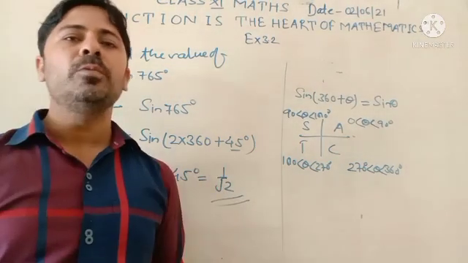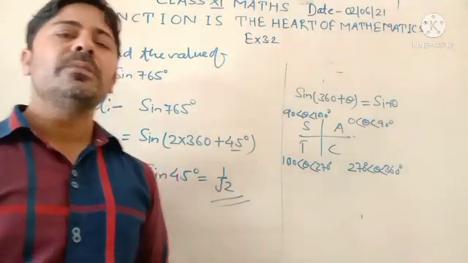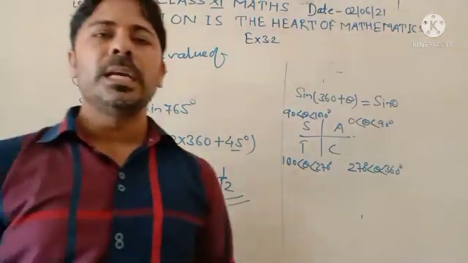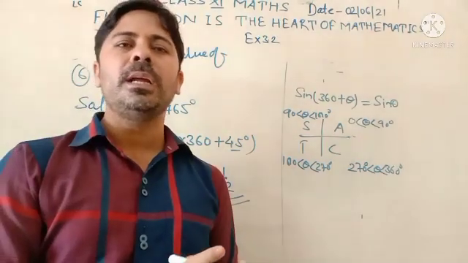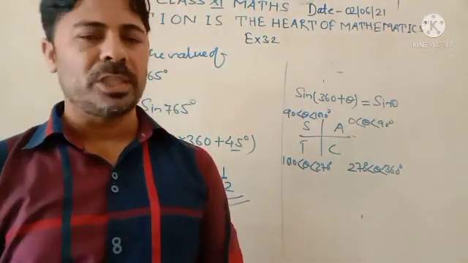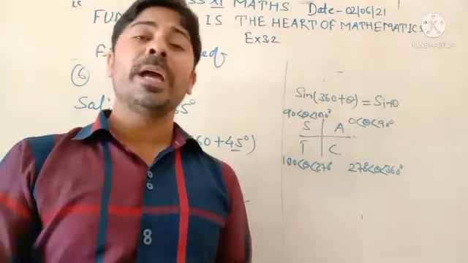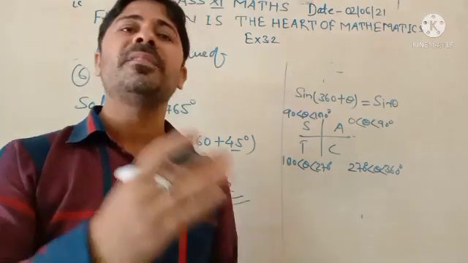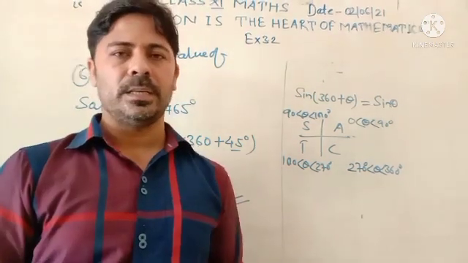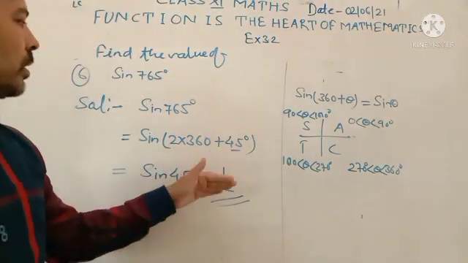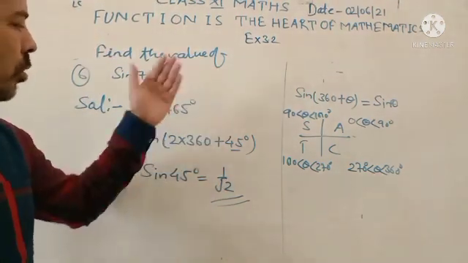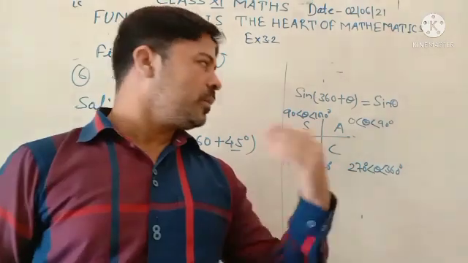So students, when you are given a bigger value, firstly you have to convert it into a multiple of 180 or a multiple of 360. Or you can also change it into a multiple of 90 and 270 degrees. But use the bigger quantity 360 and use the formula.